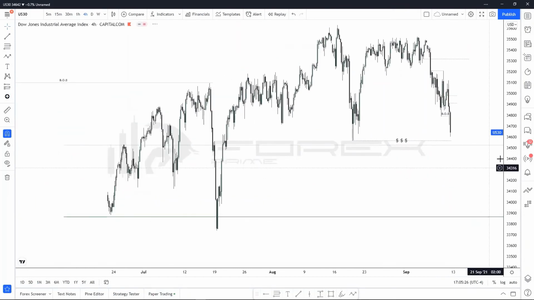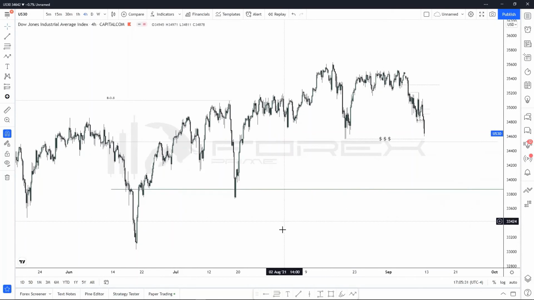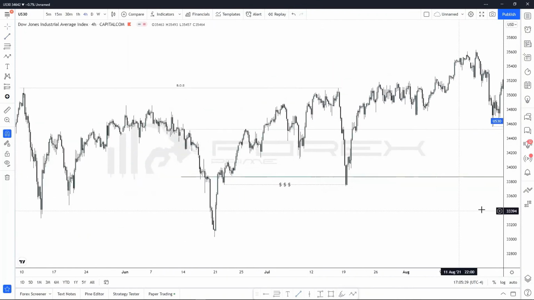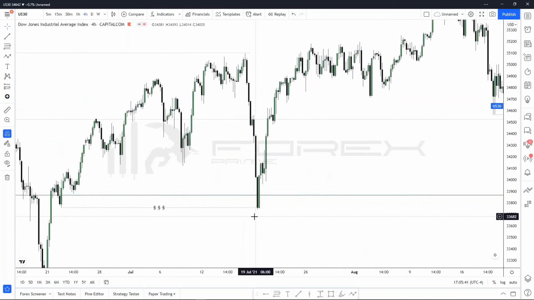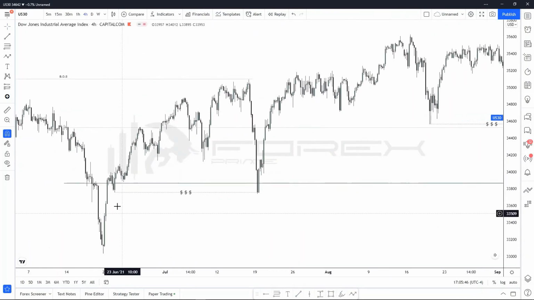However, if we do drop further towards the downside, we can see that to the left we do have equal lows right here. Right, so yeah, we did slightly pierce through that, but we can see that we do have a nice void that we need to fill in.